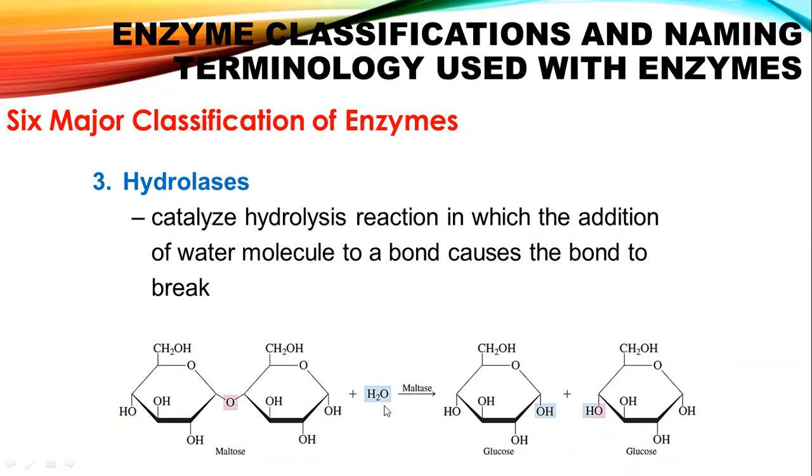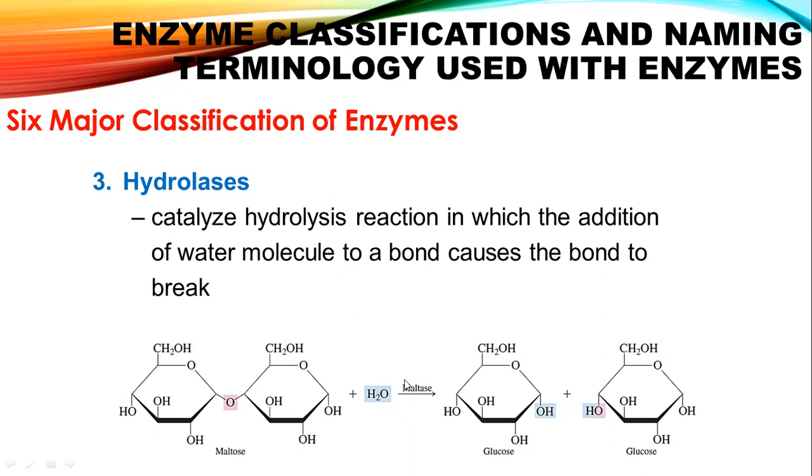So HOH is added, right? One OH, one H. The H is here, the OH is added here. Sorry, the OH is added here and the hydrogen is added to this molecule here. Either way, it's the same.